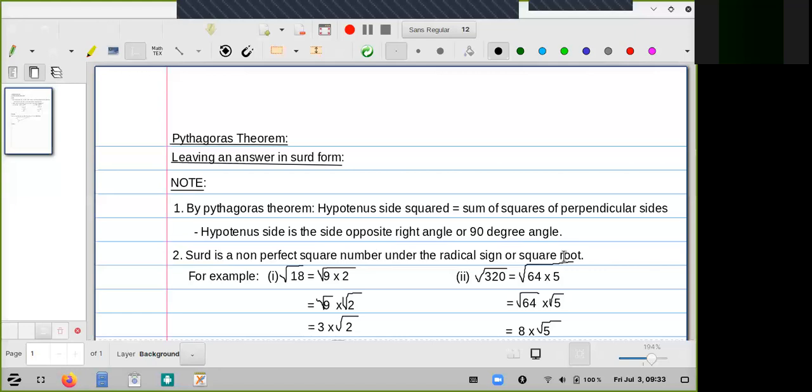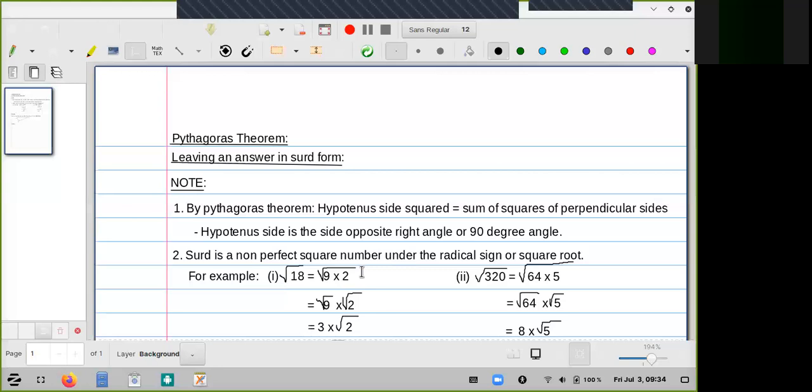So it's under a square root. I've got two examples of numbers here. We are going to express the square root of 18 and the square root of 320 in surd form.